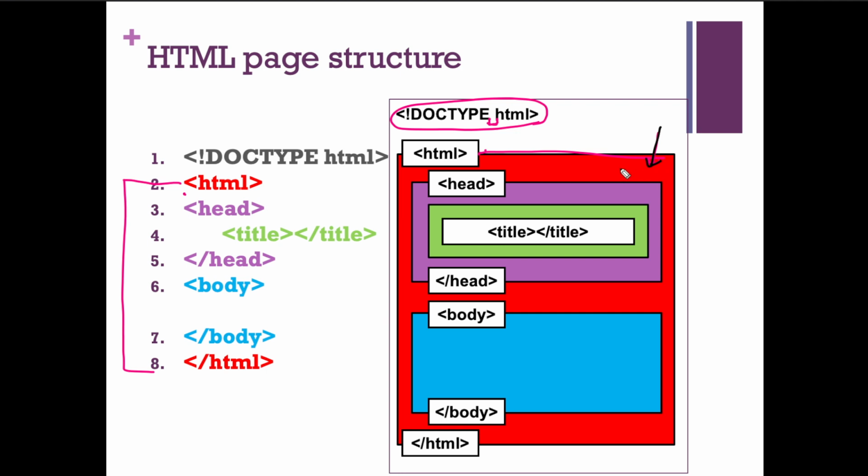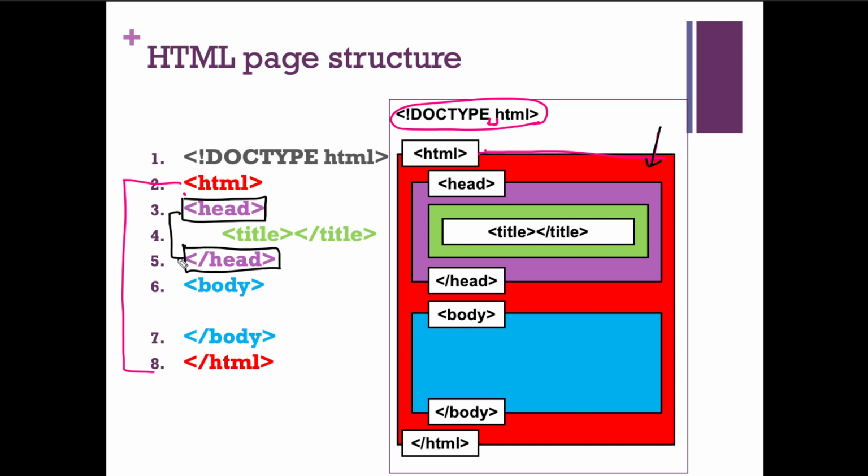In this PowerPoint slide, the most important thing to understand is the hierarchy structure of the whole text. So HTML creates the whole box for the container, and then head and closing head.